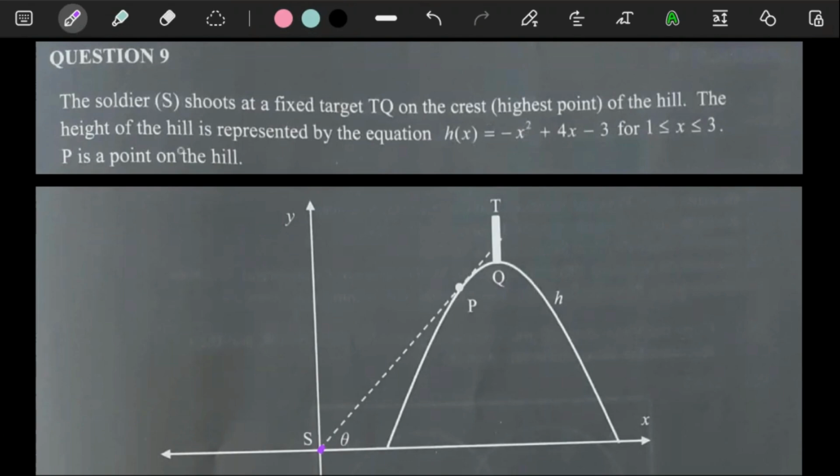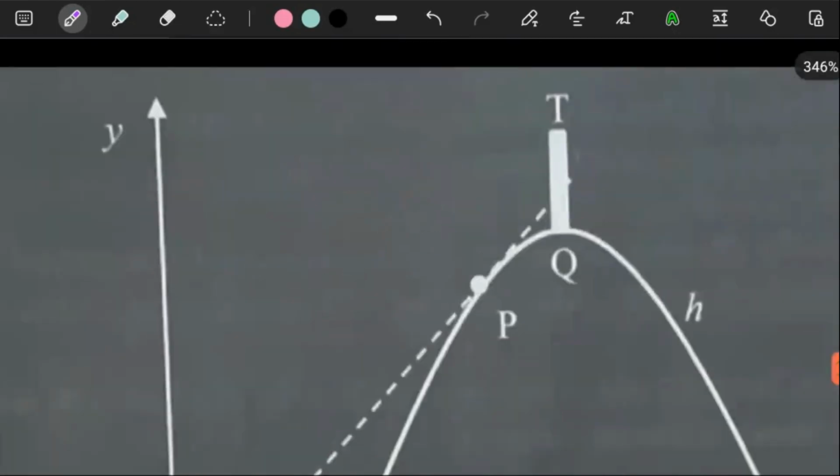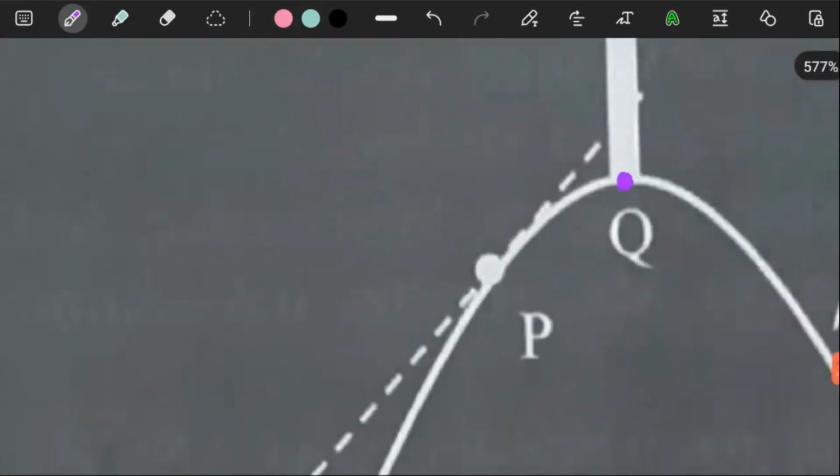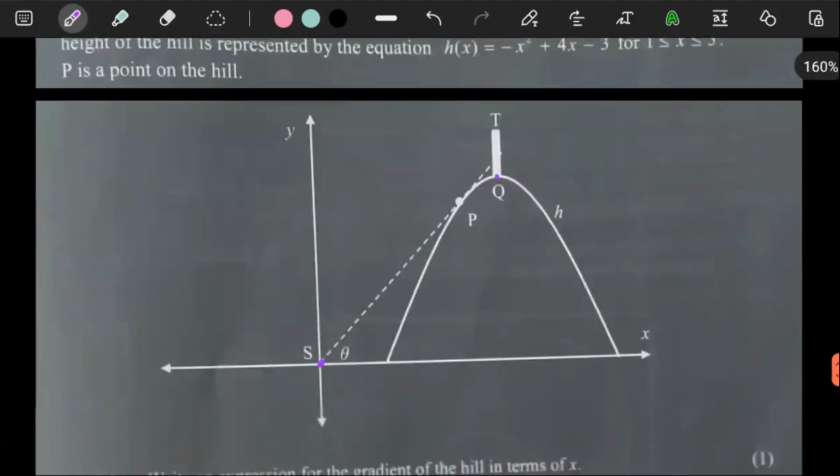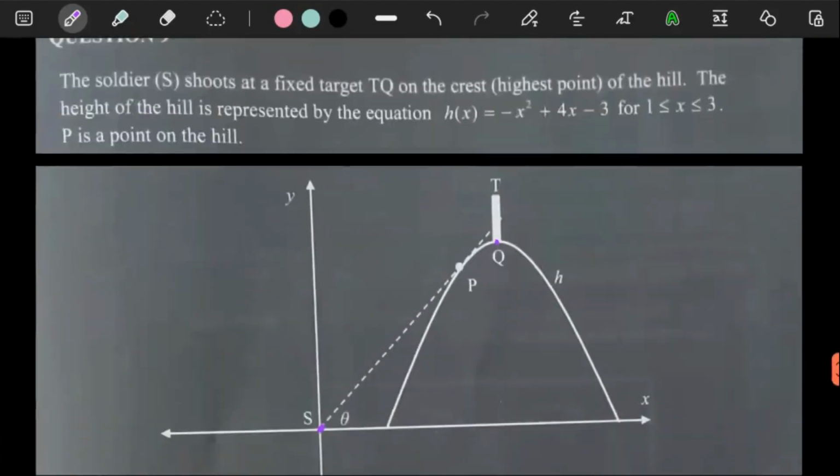Then it says the height of the hill is represented by the equation x squared plus 4x minus 3. So it's a parabola. So this is the height of the hill. The hill obviously ends somewhere there, and then the tower begins, or whatever this TQ is. It says it's a target.